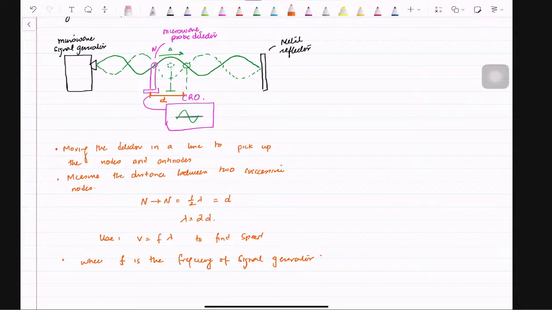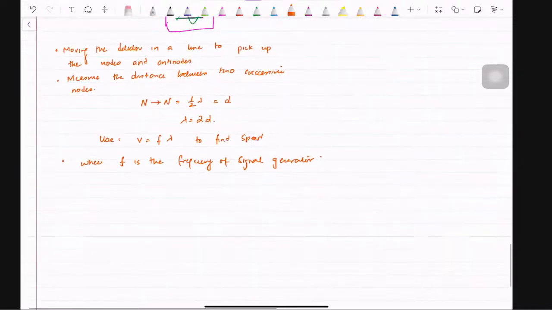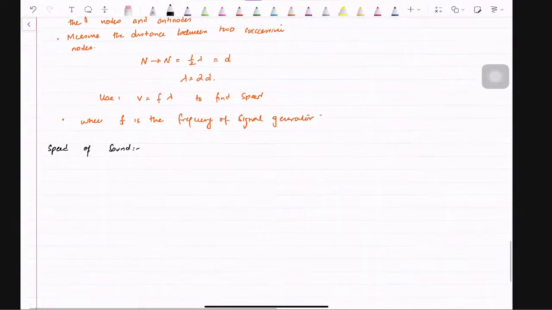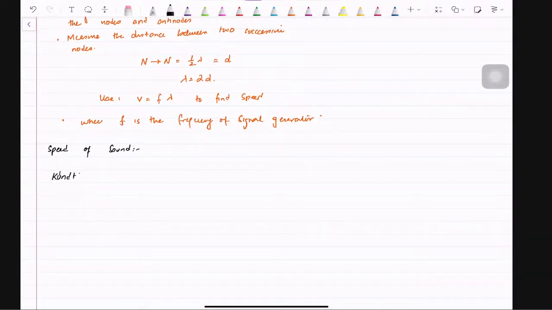Now, the next thing we can do is use the same phenomenon to find the speed of sound, but in a different way. This experiment is called the Kundt's dust experiment.